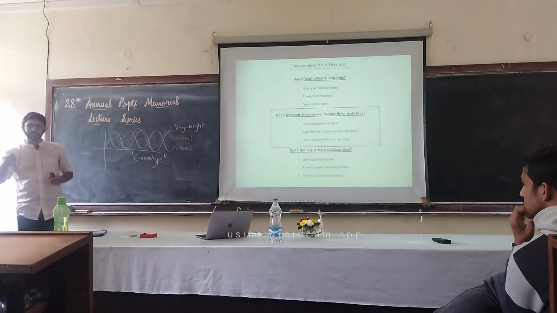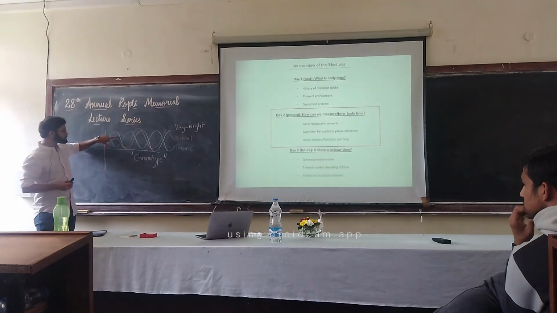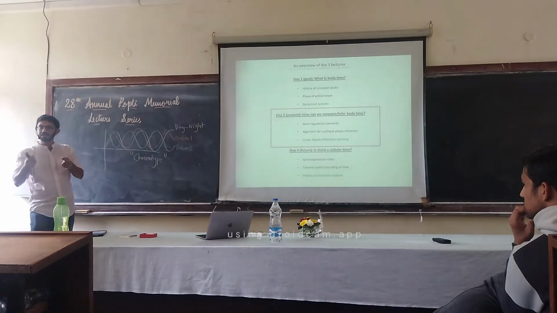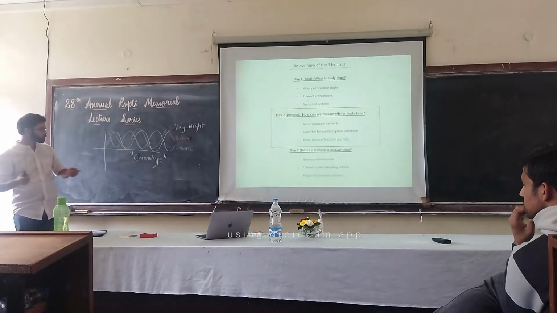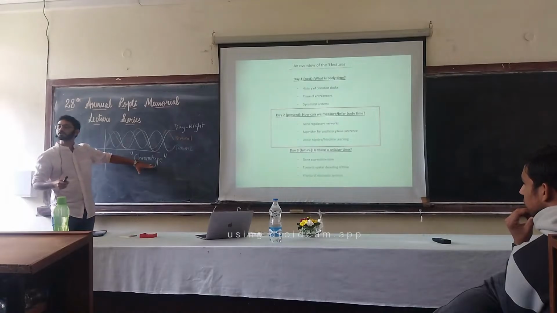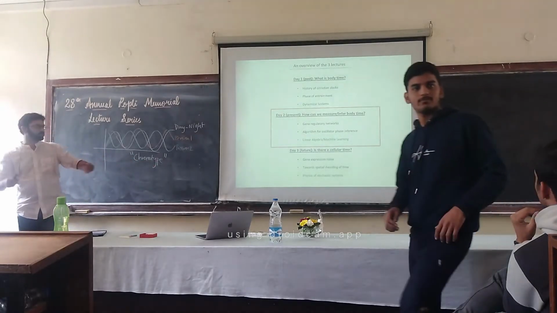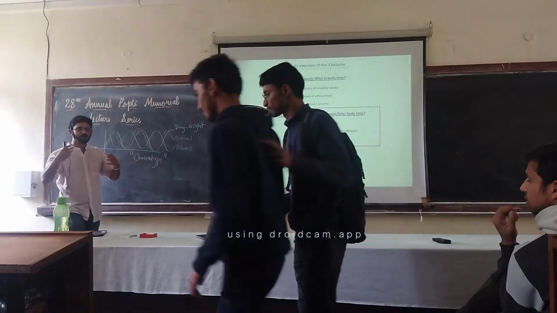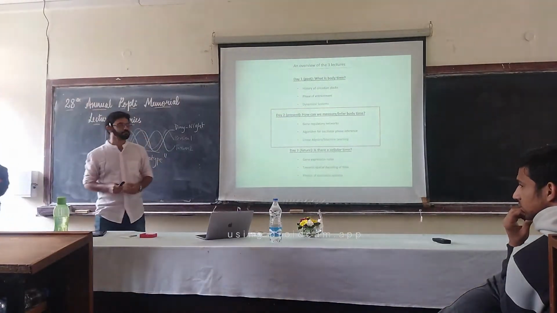So the times that each of these individuals' bodies are reading out is somewhat different. Okay, and this was the idea that's called chronotype, and the physics behind this is simply that of the phase of entrainment.